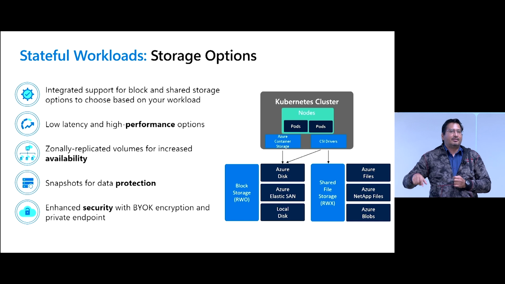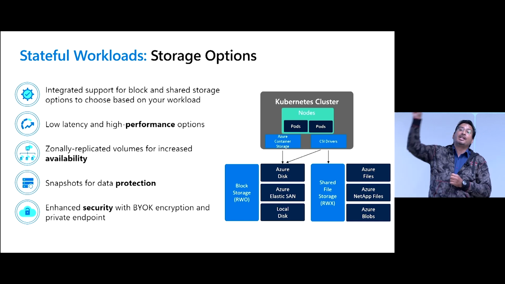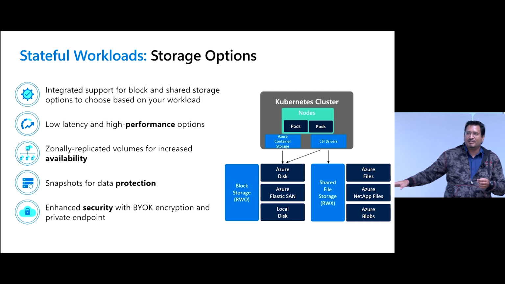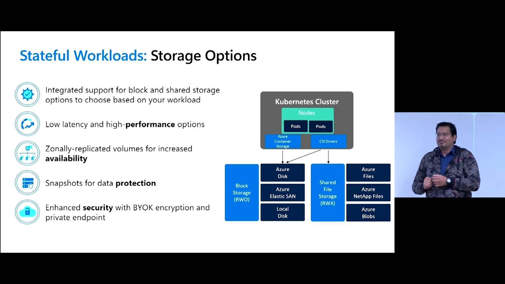Private endpoint means that your traffic is not going through the edge network. It will always remain within your virtual network. It's basically to prevent man-in-the-middle attacks. And if you're using SMB file share, we've got encryption in transit enabled by default. So even if somebody gets in there, places a virtual machine and starts sniffing traffic, which is not going to happen in the first place, they don't know what you're transmitting.